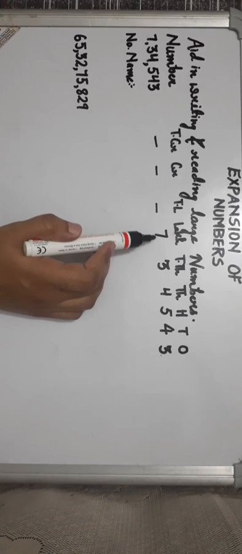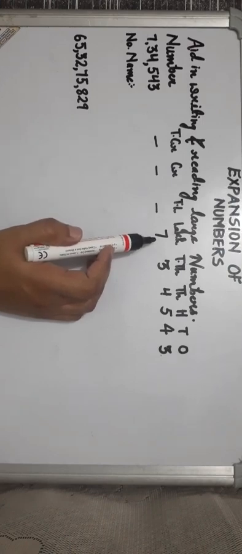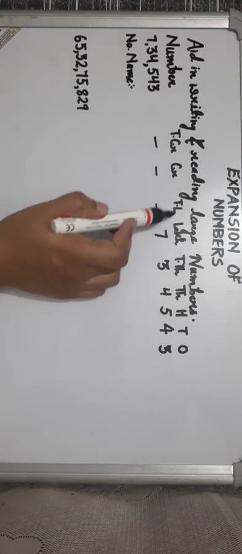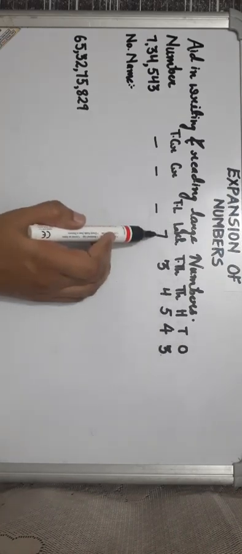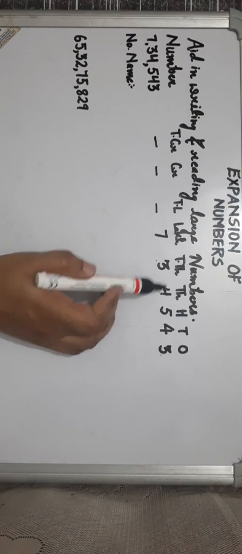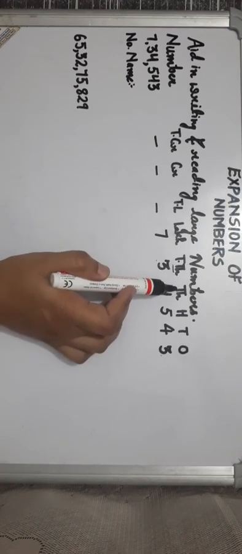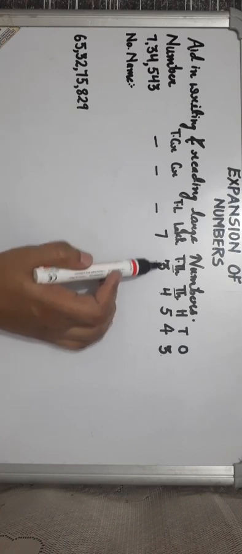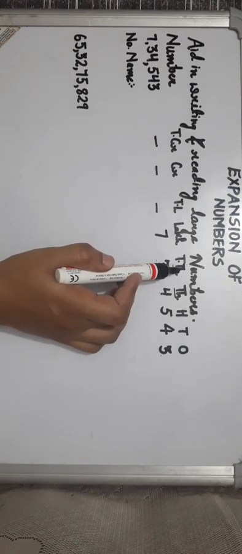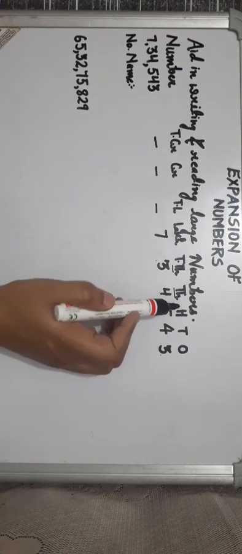Look, how will you write its number name? It's with the help of these notations. 7,34,000 comes under the category of 1000, 34,000. You don't read it as 30,000 and 4,000.